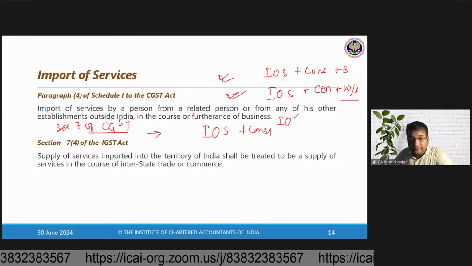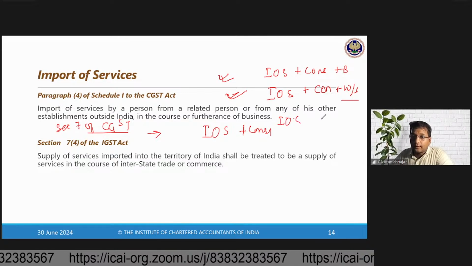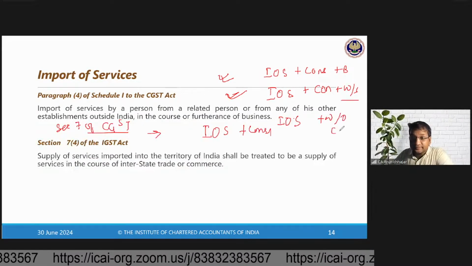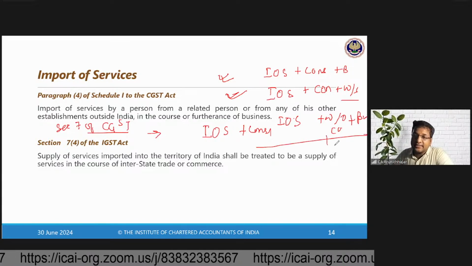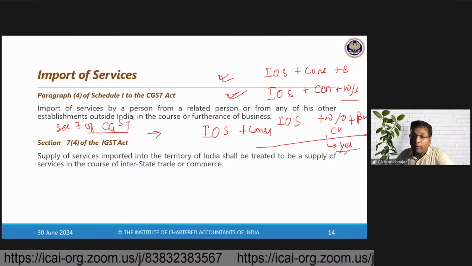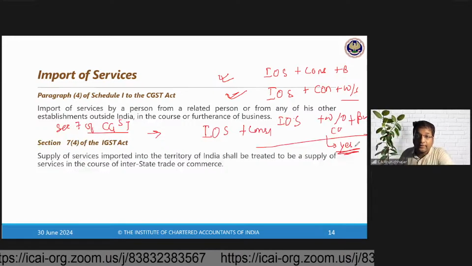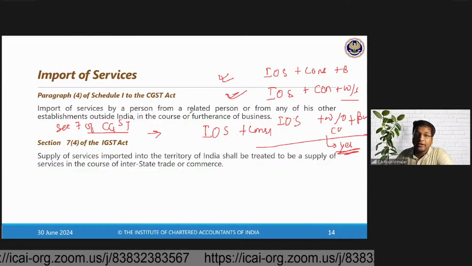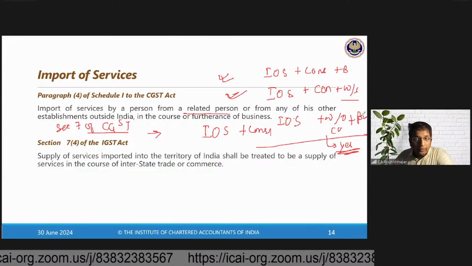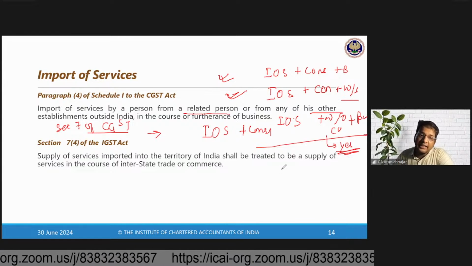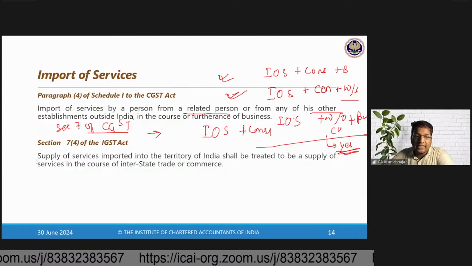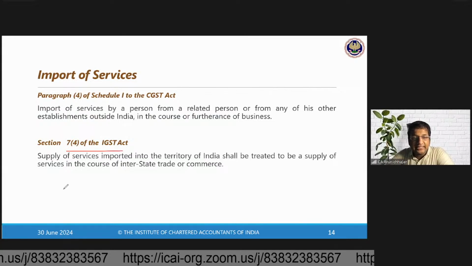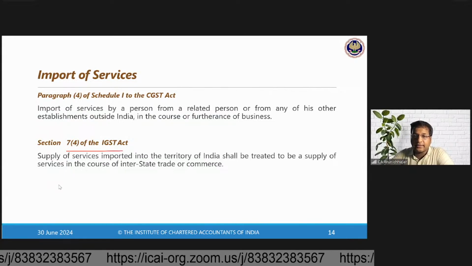Import of service without consideration plus with business, is it a supply? Answer is yes, it is a supply, provided the supplier is a related party or any of his other establishments outside India. So in import of service as per 7(4), it is an interstate supply. So what is the crux?